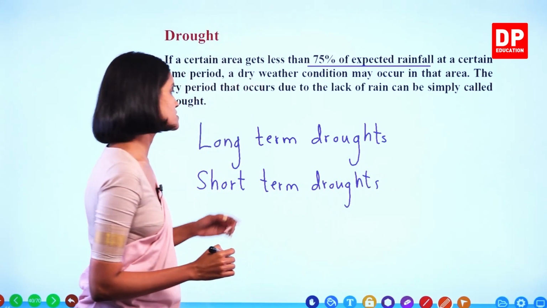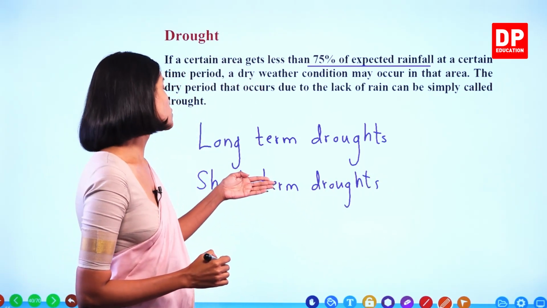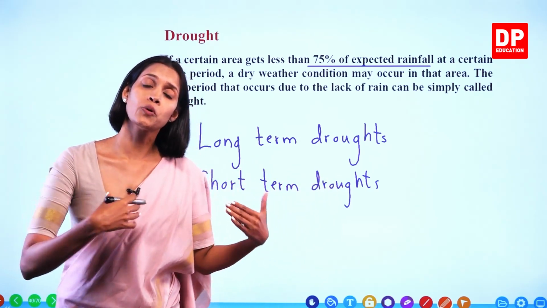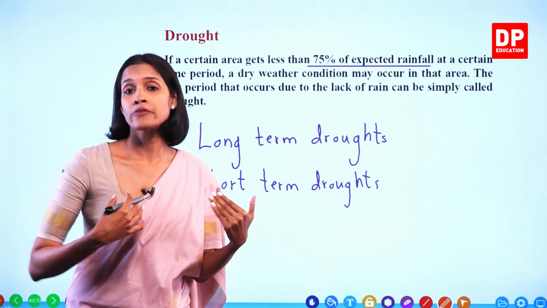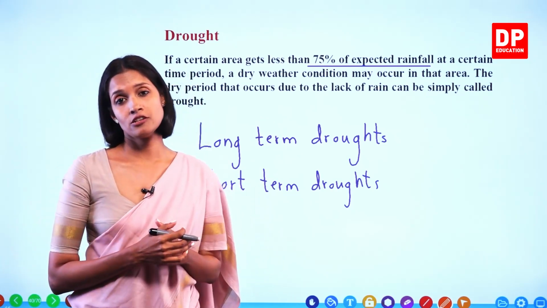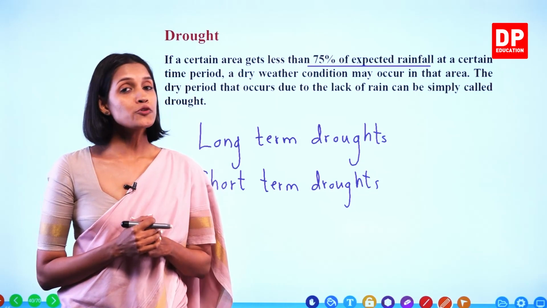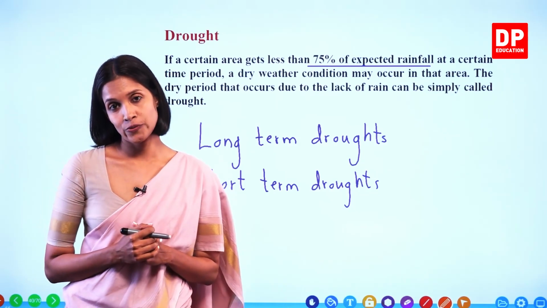Right. Long-term and short-term droughts. Short-term droughts prevail for weeks to months, and long-term droughts prevail for months to years even. Okay, children? Right. We are going to watch a video clip on droughts now.